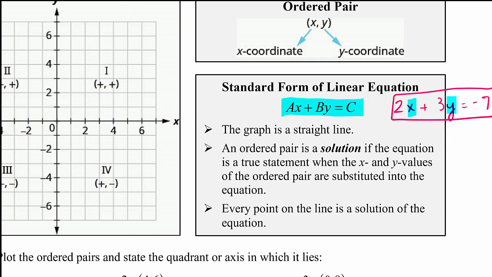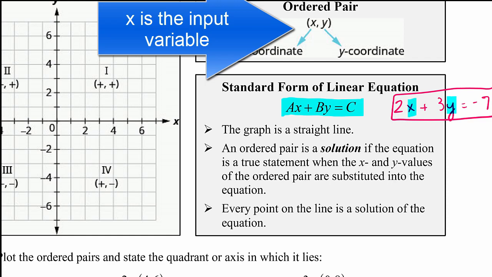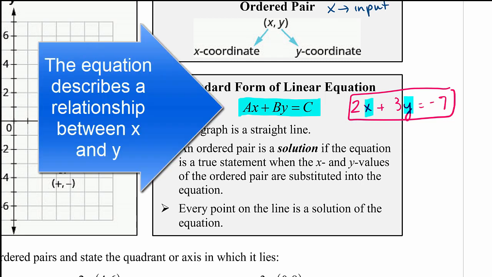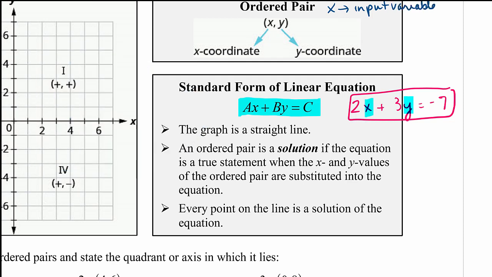Now, in these equations, when we're dealing with these two variables, we call x the input variable. X is the input variable in our relationship here because the equation is giving us a relationship between x and y. And in our ordered pair, the x-coordinate, the input variable, will come first.